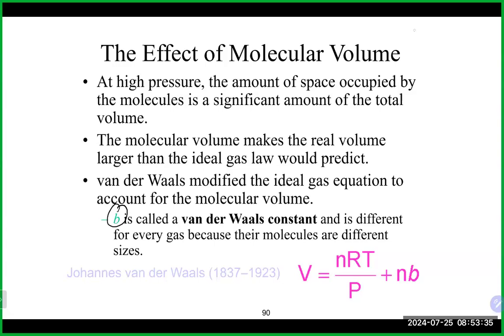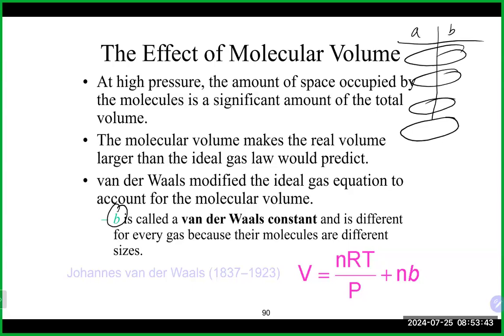So there are two van der Waals constants for real gases, a and b, and you can look them up on a table for different gases. They will be different values. And that is the correction value to the ideal gas law that is used to correct for the increase in volume that we would expect in a non-ideal situation or a real gas situation.